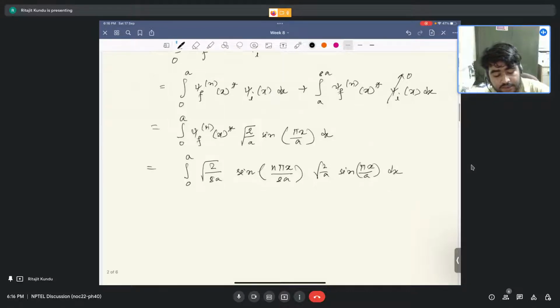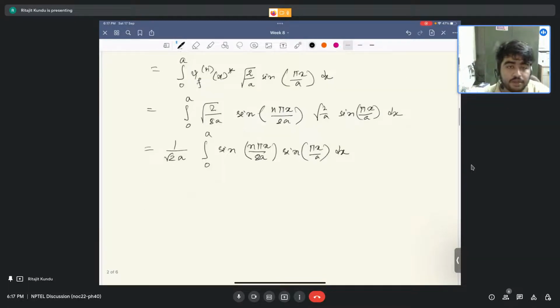So let's take a few of these things common. It becomes 2 by a, square root of 4 by 8a squared, which is just 1 by square root 2, 1 by square root 2a, integral 0 to a of sine n pi x by 8a times sine pi x by a.